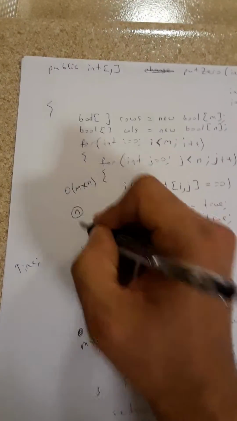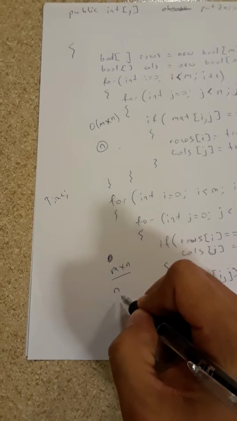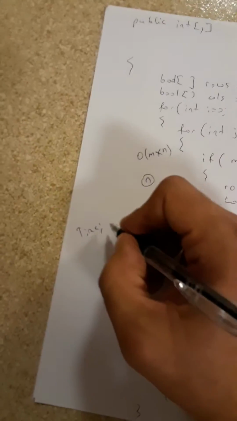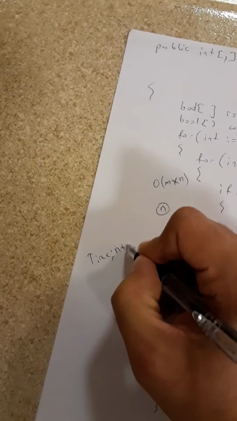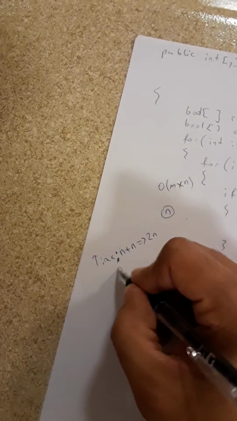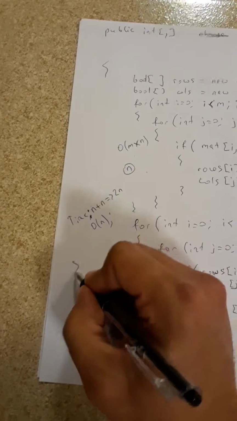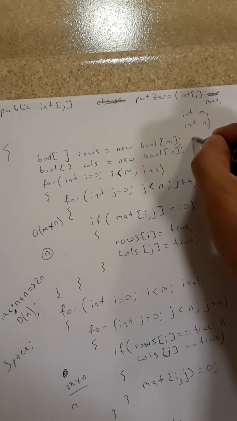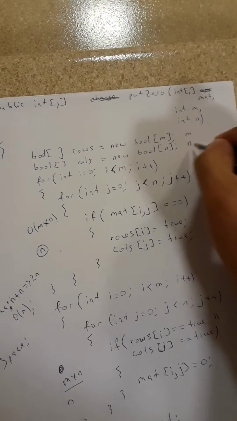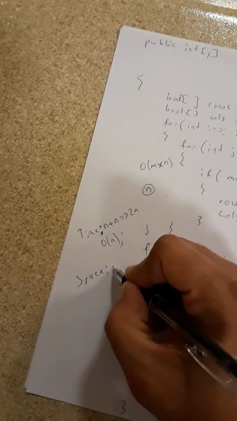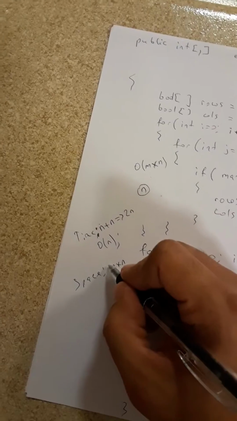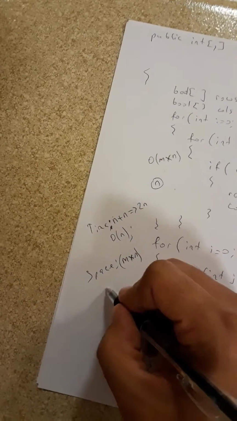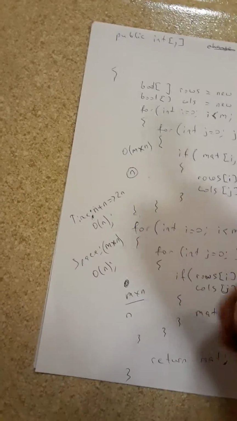The space complexity: here we're using two arrays, columns and rows, so the size of the first one is m and the second is n, so the space will be m plus n, which is rounded to order of n.